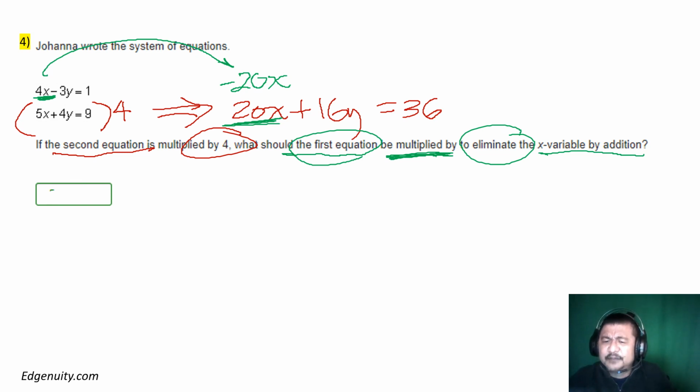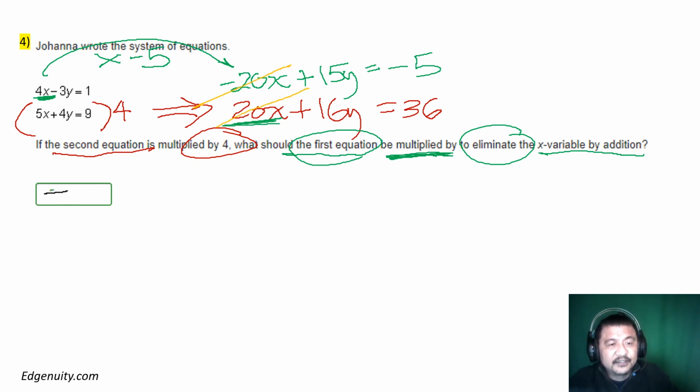Is it times 5 only? No, it has to be negative. Therefore, it's times negative 5. Everything will be times negative 5. So the next one would be negative times negative, positive 15y, and then negative 5, right? So that I can eliminate this one and that one. So our answer is negative 5.